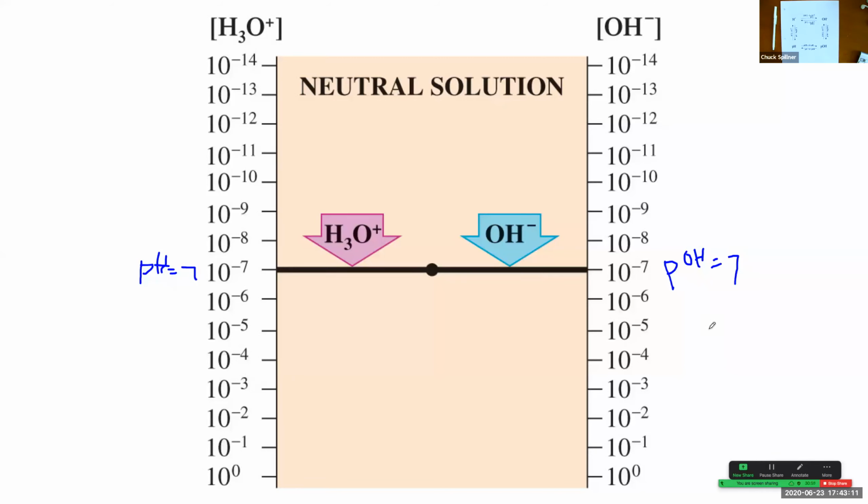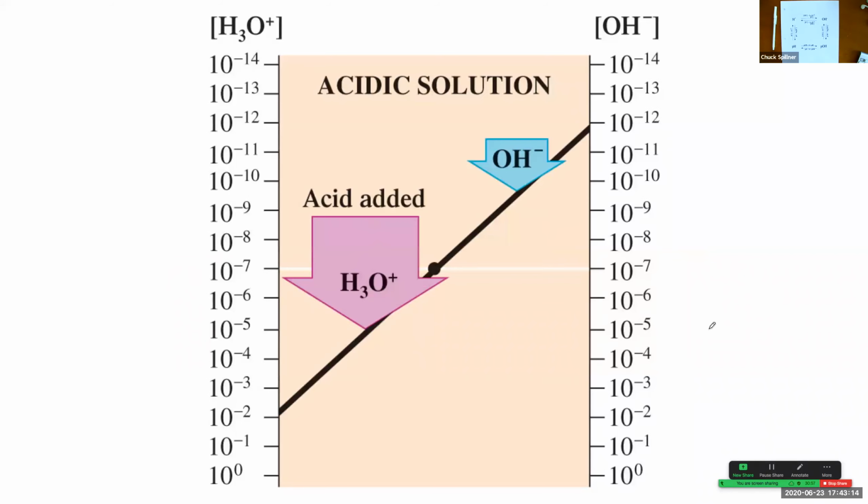Now, what if we add some acid to it? So we added HCl to that. Well, that meant that the concentration of H3O plus went way up. So 10 to the minus 2. So the pH at 10 to the minus 2 is 2. And how do I know that? Because the log of 10 is 1, and minus 2 is plus 2.